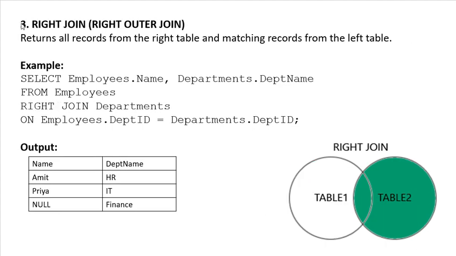And third is a right join, a right outer join, which returns all the records from the right table and the matching records from the left table.